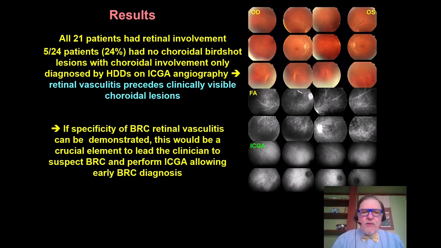Now, all 21 patients had retinal involvement. 24% of them, 5 out of 21, had no choroidal birdshot lesions, with choroidal involvement only diagnosed by ICGA showing hyperfluorescent dark dots, HDDs, on angiography.